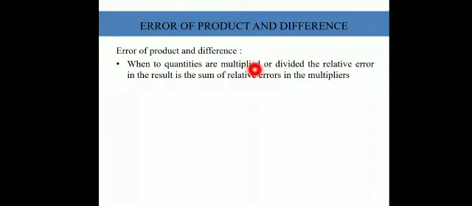So the final answer, we were calculating z, but the final answer will also have error present in it. If we do the multiplication, the first term is multiplied with the entire bracket and the second term with the other entire bracket.